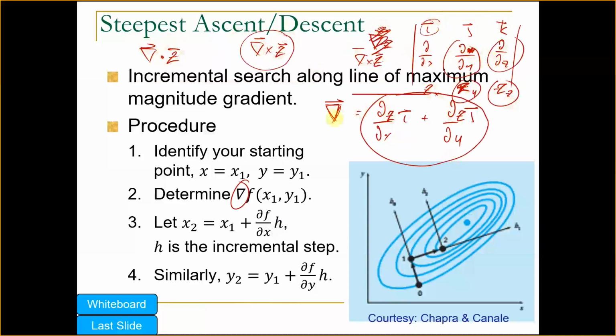Alright? Grad is normally operated on scalars, but grad can be operated on vectors also, but you only operate it on each component of the vector. So if I'm taking the grad of velocity, then you'd actually take the grad of velocity in the x, grad of velocity in the y, and grad of velocity in the z separately, not related to each other.